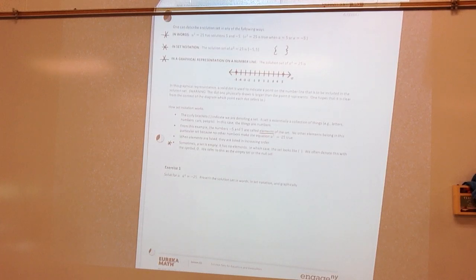Alright, so solve for A. If A squared is equal to -25, present the solution set in words, in set notation, and graphically. Alright, so let's look at this. Is there anything I can put in for A that I can multiply times itself to give me -25? Well, I can work with 25. That would be 5. But can I get -25?